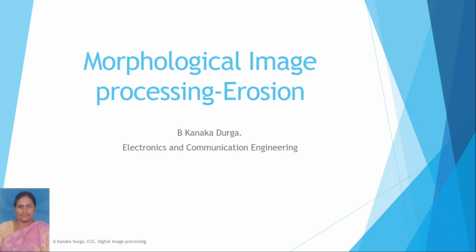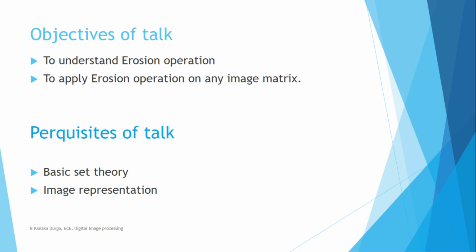I want to discuss morphological image processing, mainly concentrating on the erosion topic. Objectives of the talk: to understand the erosion operation, and to apply the erosion operation on any image matrix.